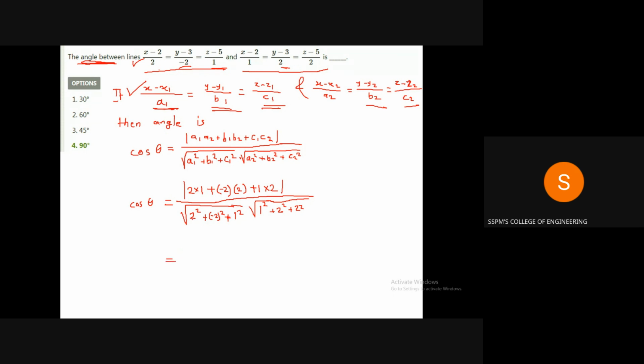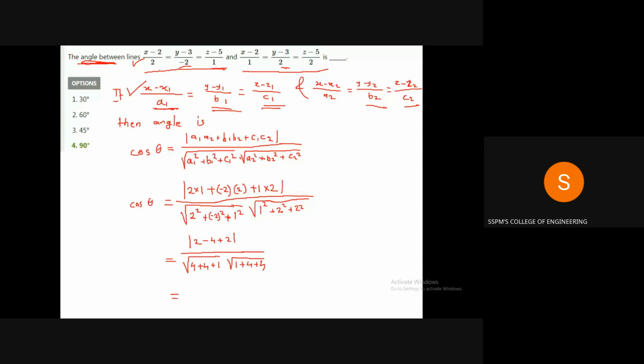If we solve this, in the numerator we get 2 into 1 is 2, plus minus 2 into 2 is minus 4, plus 2 into 1 is again 2, whole divided by, in the first square root, 2 square is 4, minus 2 square is again 4, plus 1 square is 1, and in the second square root, 1 square is 1 plus 2 square is 4 plus 2 square is again 4.